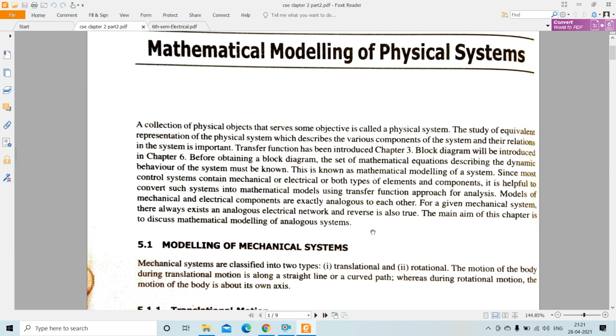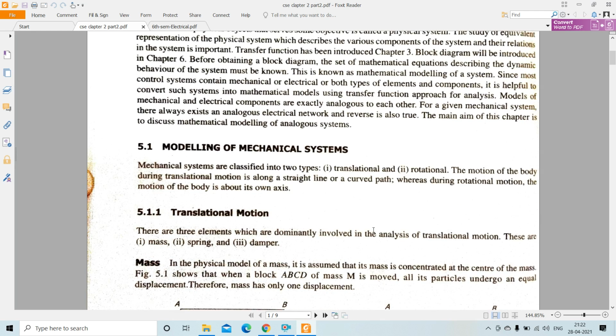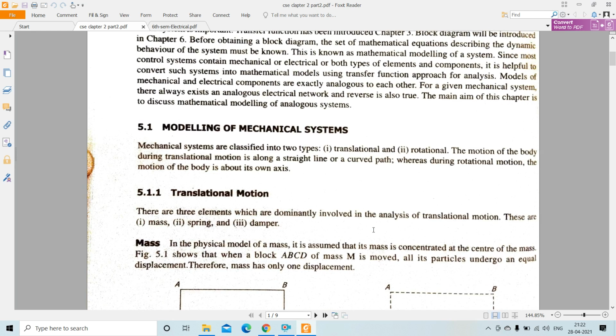So here first we will study the modeling of mechanical systems, then we will study modeling of electrical systems, then we will find the analogy between these two systems, and in this way we will discuss the mathematical modeling of analogous systems.